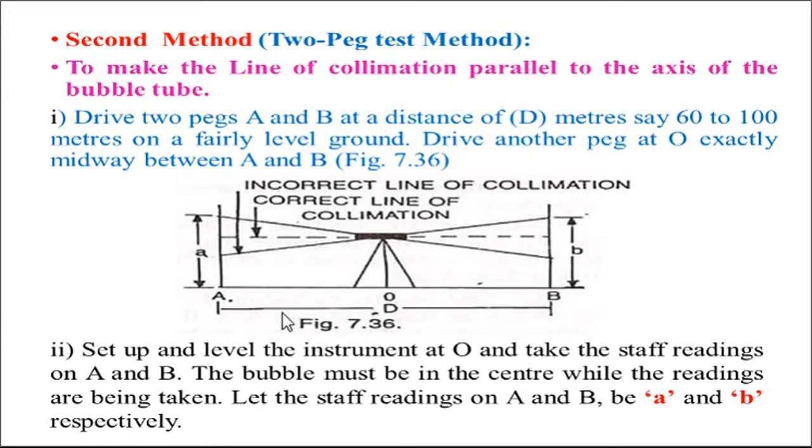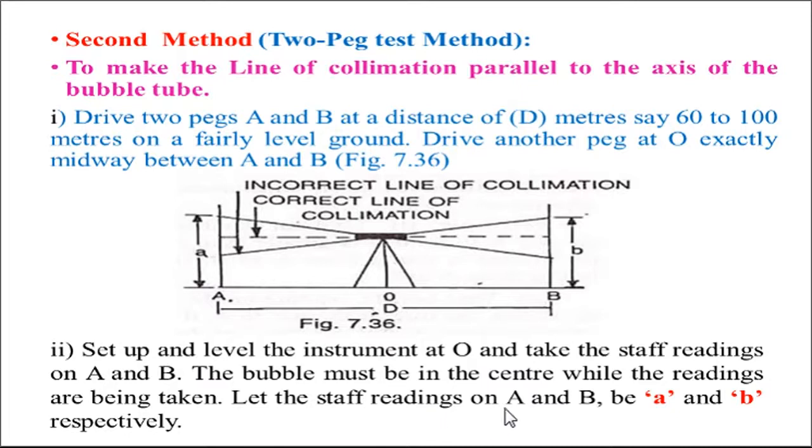Then the second step: set up and level the instrument at O. Here we have to set up the instrument, level it properly, and take the staff reading on the staff held at point A and the staff held at point B. The bubble must be in the center of its run while taking the readings.